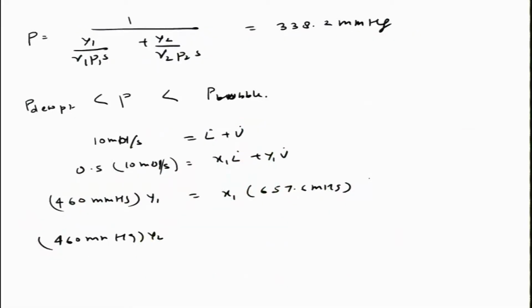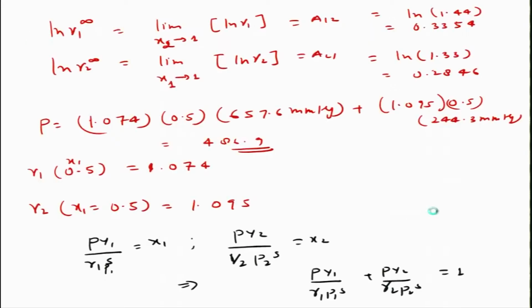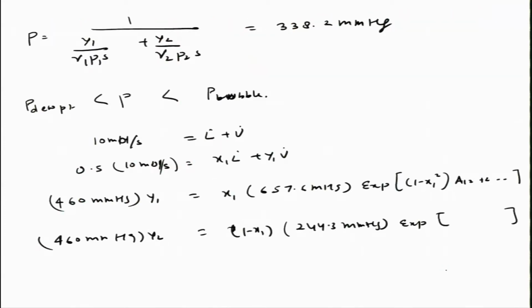So I am going to write here simply the exponential of 1 minus x1 squared times A12 plus 2, and similarly here 1 minus x1 times 244.3 mmHg times the exponential of basically the terms which you see here. So this way you have 4 equations and 4 unknowns. So if you solve it using Excel or MATLAB, you should be able to get the following answer.